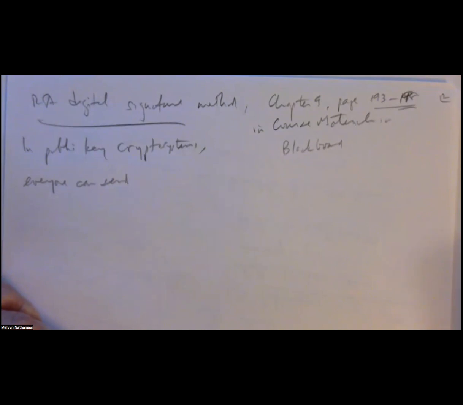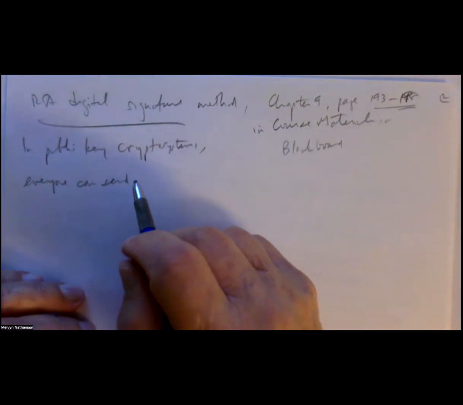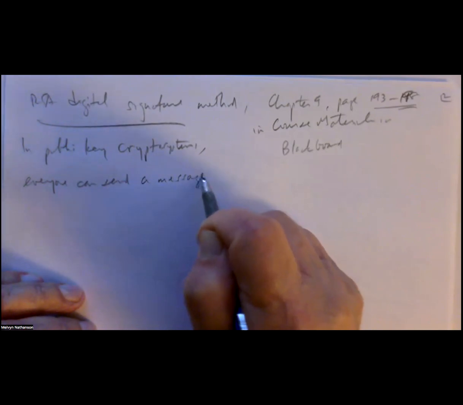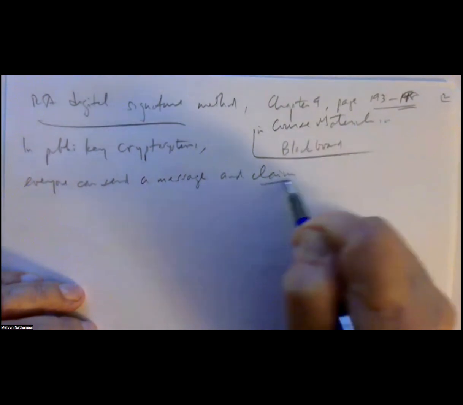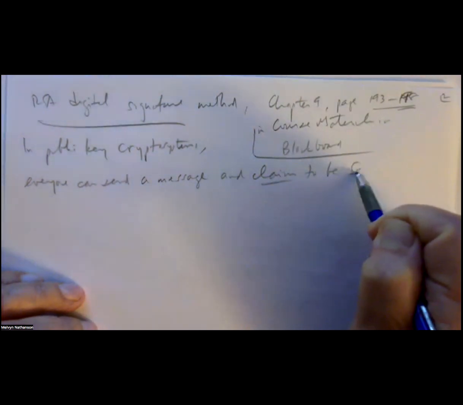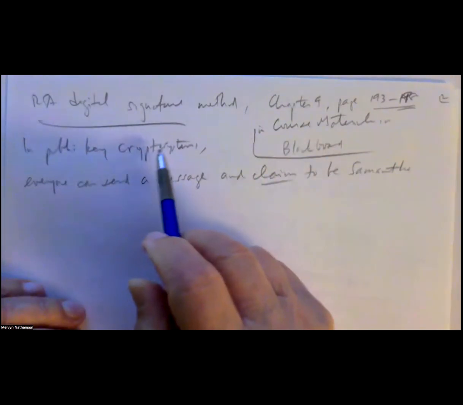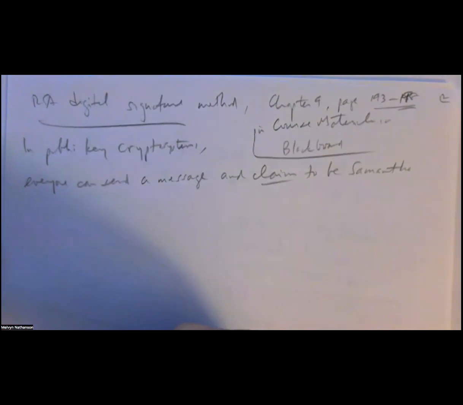So everyone can send a message and claim to be Samantha. Because in a public key crypto system, everyone knows how to encrypt.